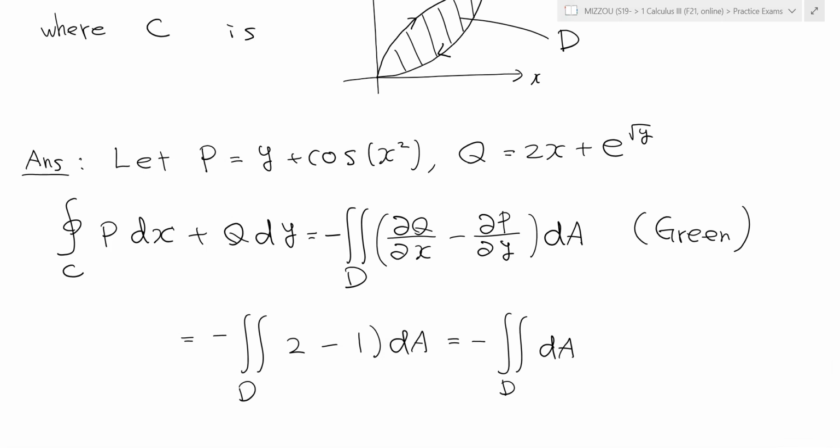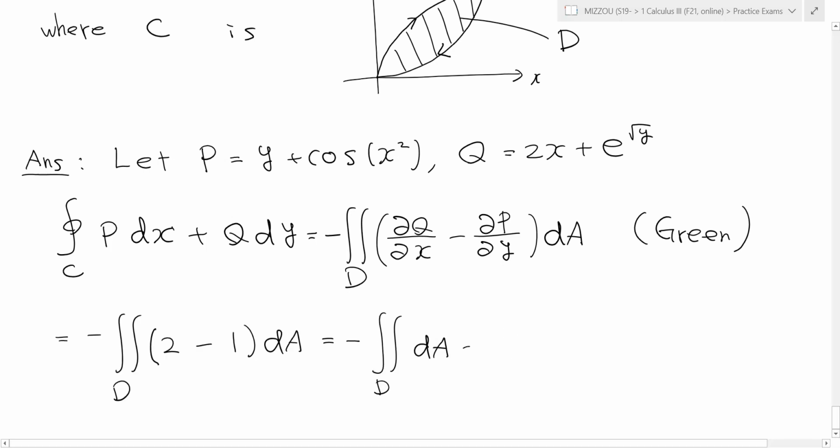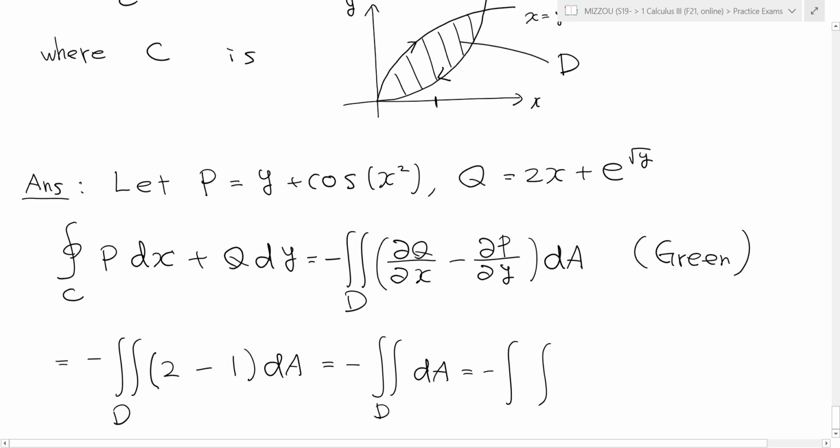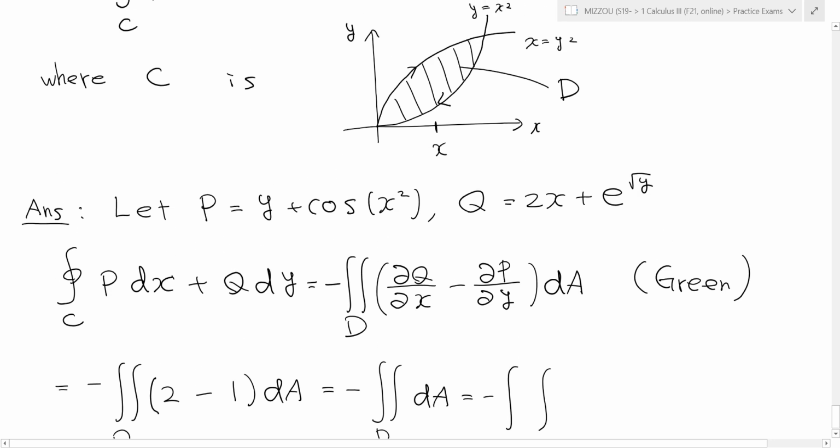All right, so to compute a double integral, you fix one of the variables and integrate with the other variable. And in this case, let's fix x. And for each fixed x, your y varies from this parabola to the other parabola.